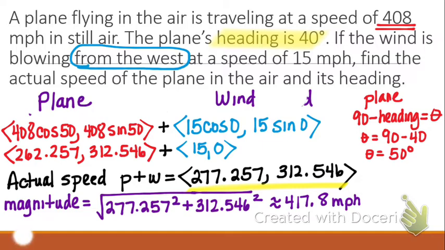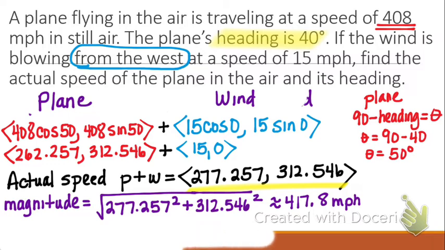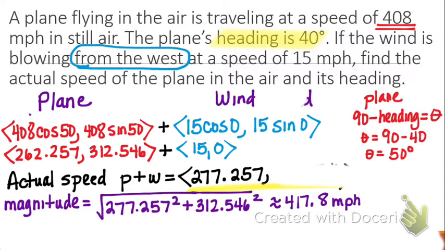So in order to find the direction, we're going to take the inverse tangent of y over x, so theta equals the inverse tangent (312.546) all over 277.